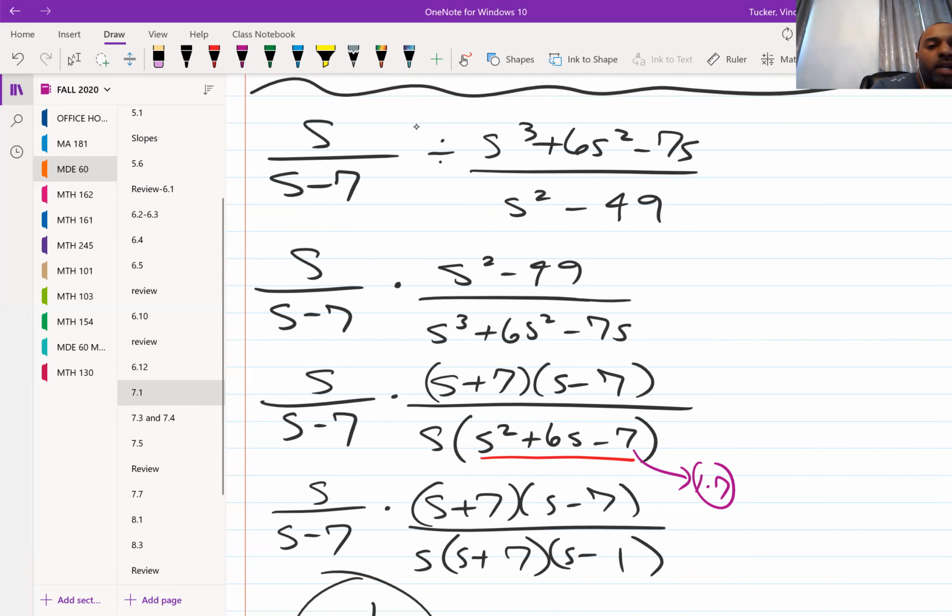All right, so now we can cancel out. Once you factor completely, next move is to cancel out what you have in common with the top and bottom. So S's can cancel. S plus 7 and then S minus 7. So everything in the numerator canceled, and it leaves you with 1.